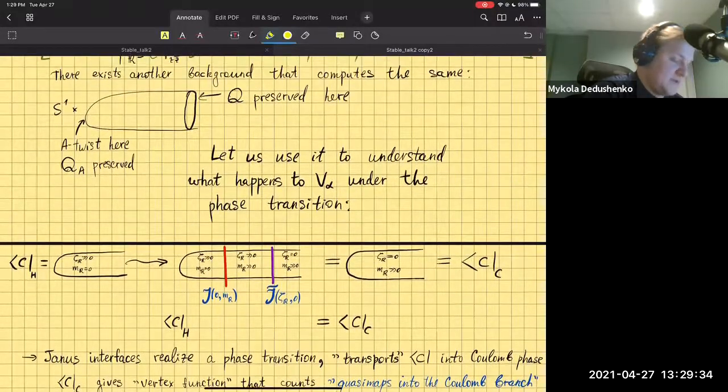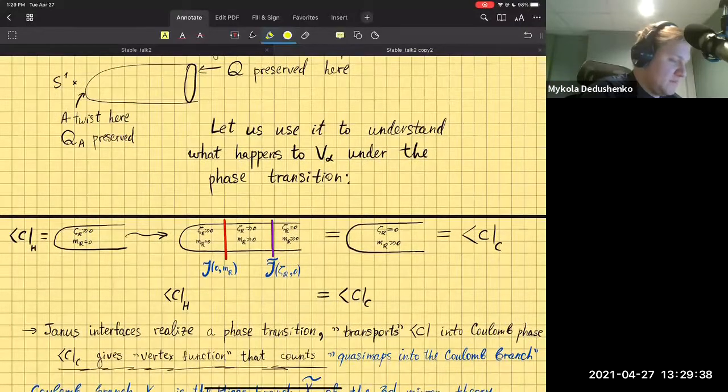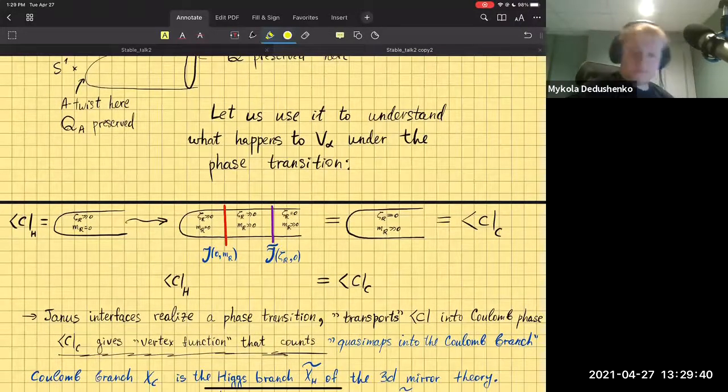Here in these pictures, I will suppress the circle direction and just draw the cigar. Suppose we look at this in the Higgs phase first. So we look at the cigar with phi parameter turned on and mass zero. This cigar generates a certain state.